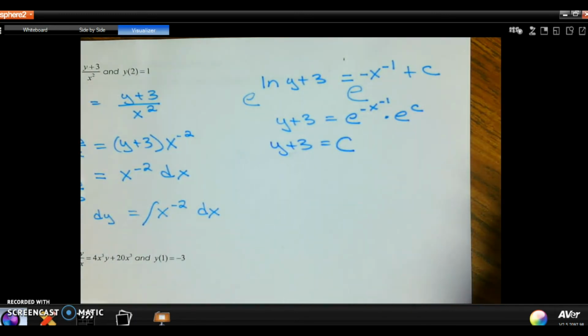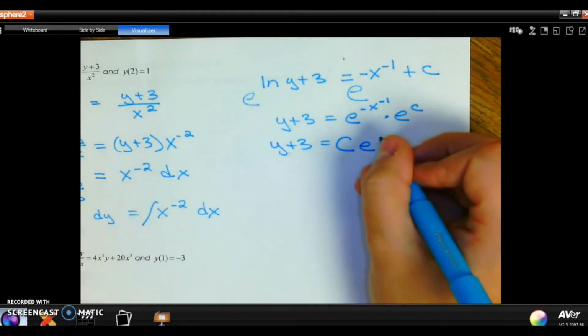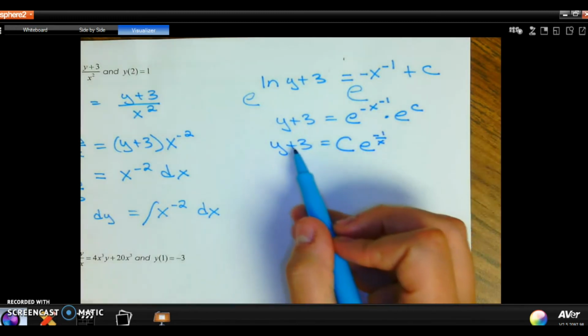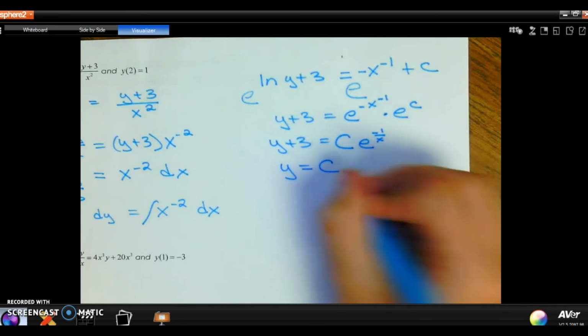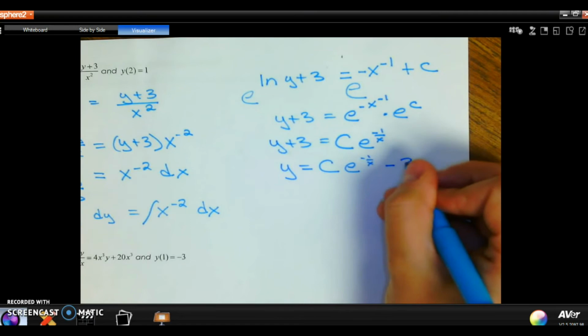So there's going to be some c, and then it'll be times e. And again, that negative 1/2 power, if you'd prefer, you can think of it as negative 1 over x, right, if you want to think of it like that. So you've got that, and you want to get y by itself, so you could just subtract 3 from both sides. So I'm going to write it as this to the negative 1 over x, and then it is a minus 3 on the outside.